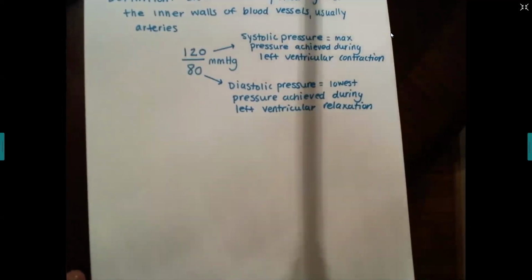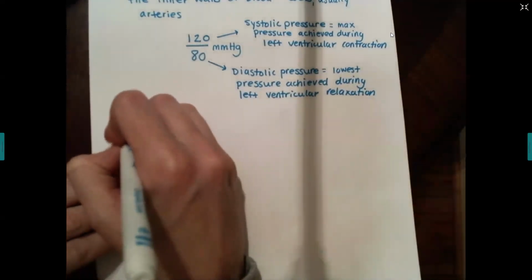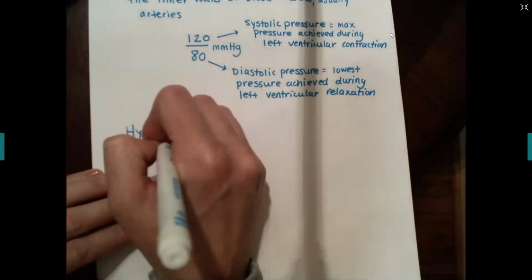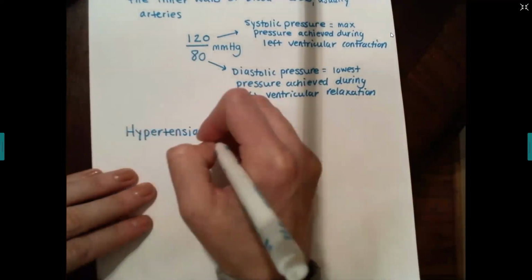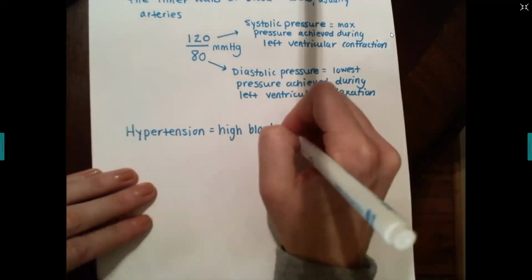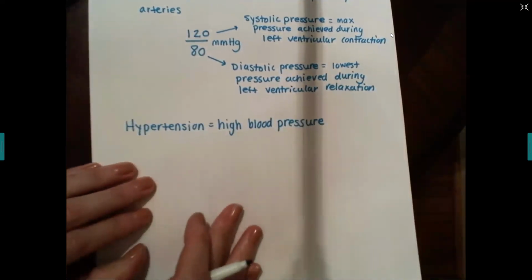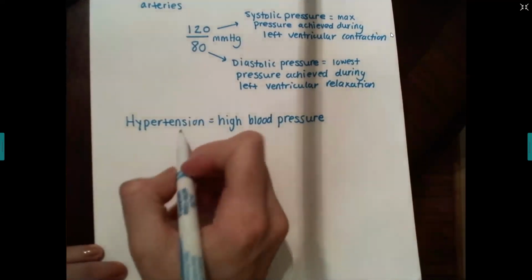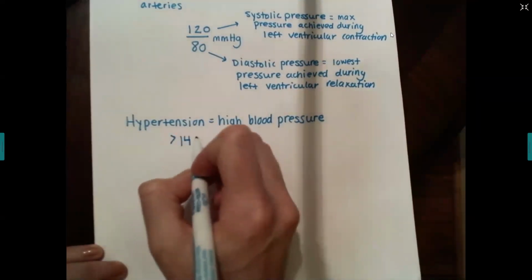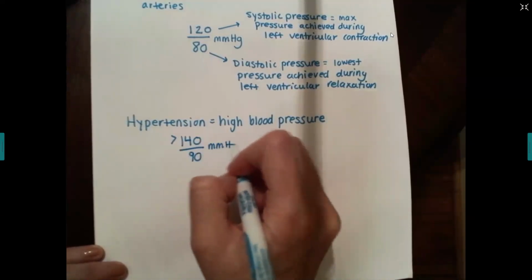Now, let's say parent, grandparent, you at some point experience numbers that are too high, then you can be diagnosed with something called hypertension. We would just commonly call that high blood pressure. Okay, and high blood pressure is when you get persistent readings that are greater than 140 over 90 millimeters of mercury.